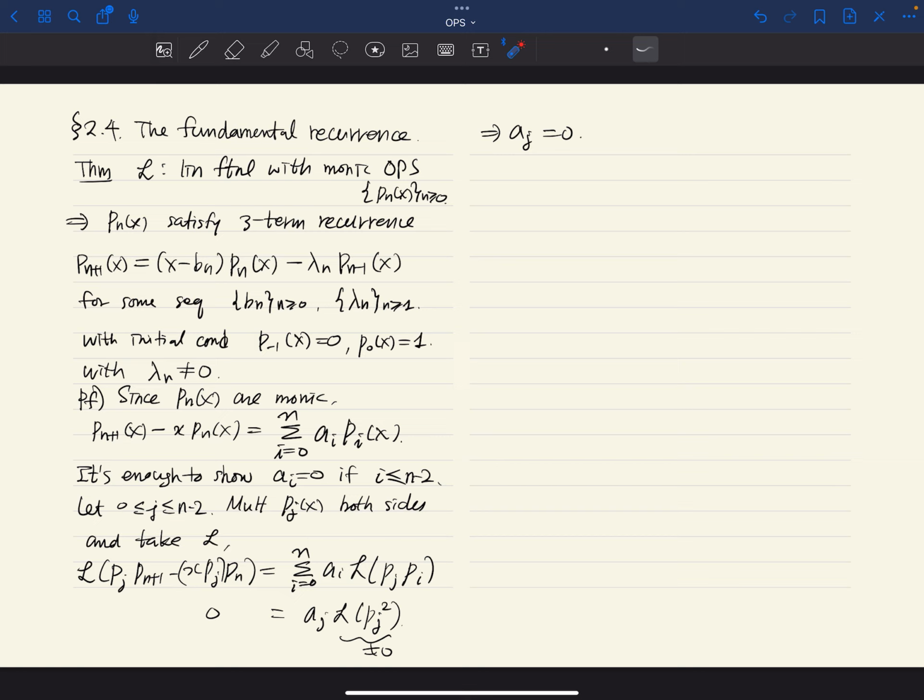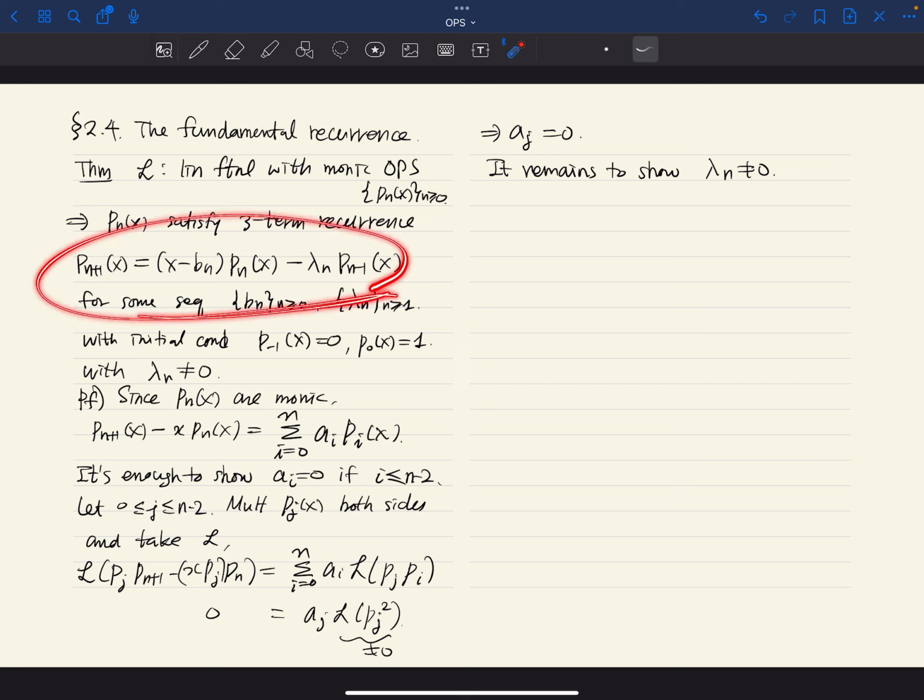But there's one thing remaining. We have to show that this is non-zero. This is not proved here. So it remains to show that lambda n is non-zero.